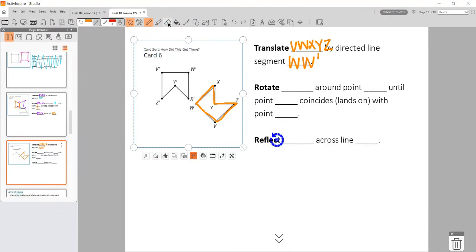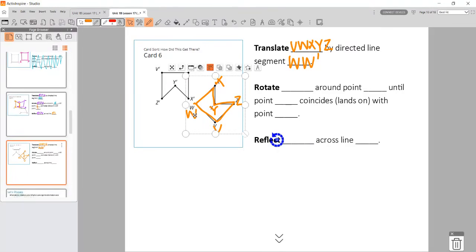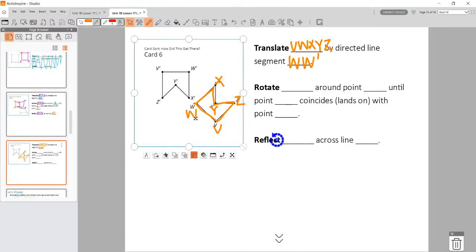I didn't put the letters on there, so let me redo this. So I'm going to take this pentagon and move it so that W ends up on W prime.